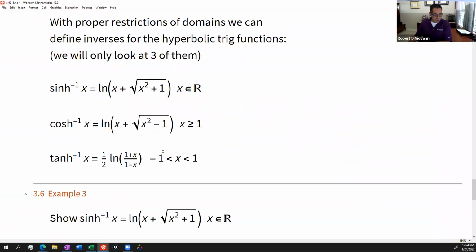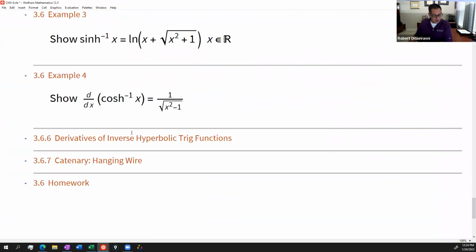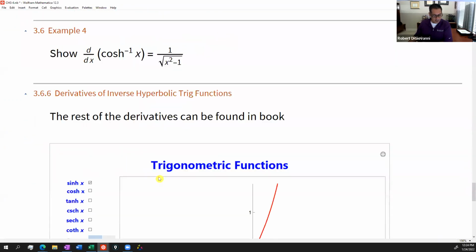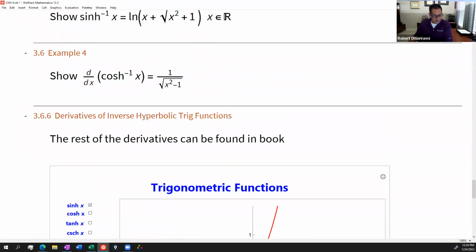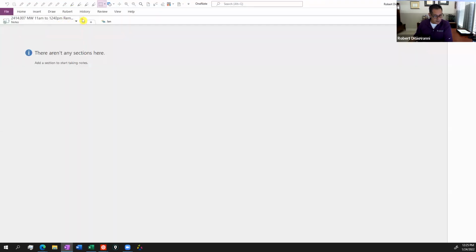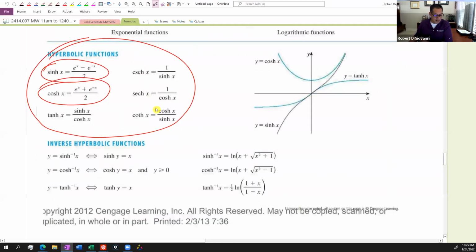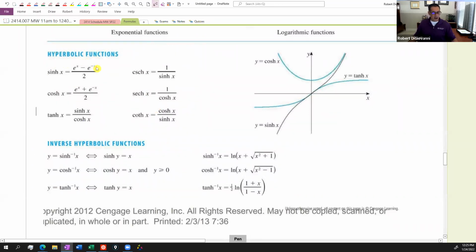So that's where the notes say, hey, look, the derivatives of these inverse hyperbolic trig functions can be found on your formula sheets, basically. So go to your formula sheets. This is kind of it. We are at the end of, here were the hyperbolic, the 6 new functions today.